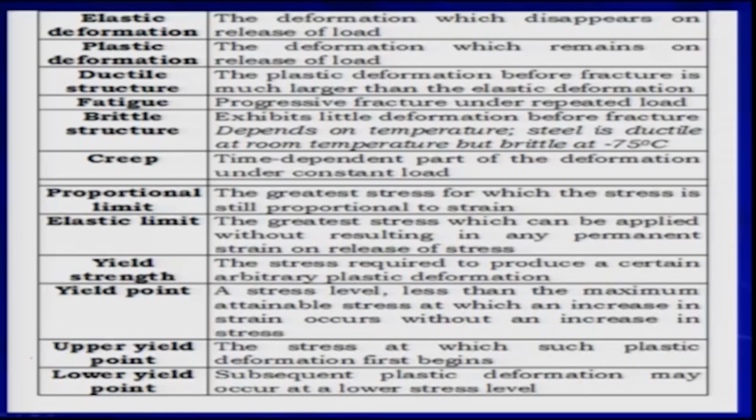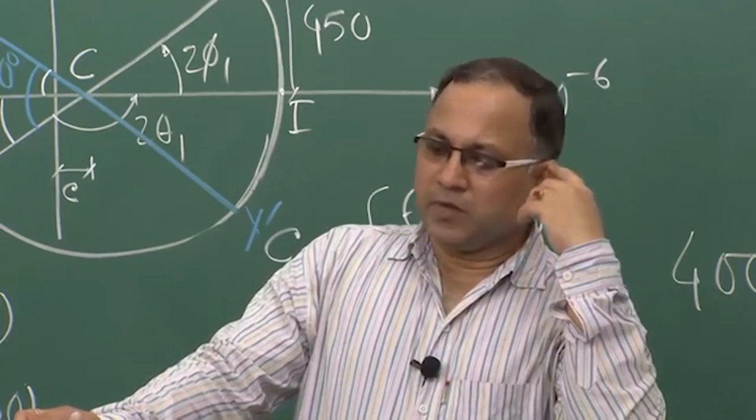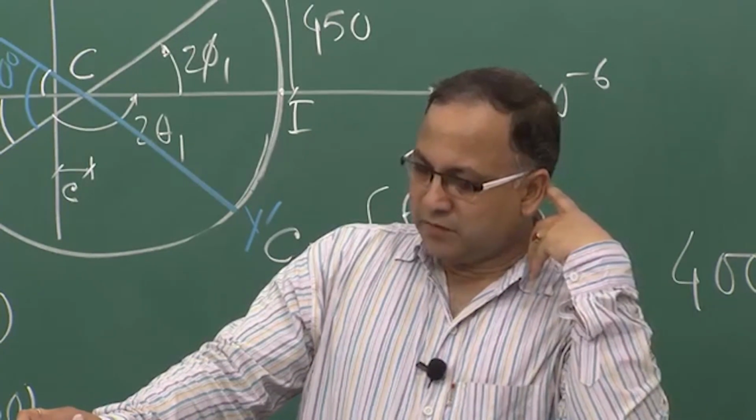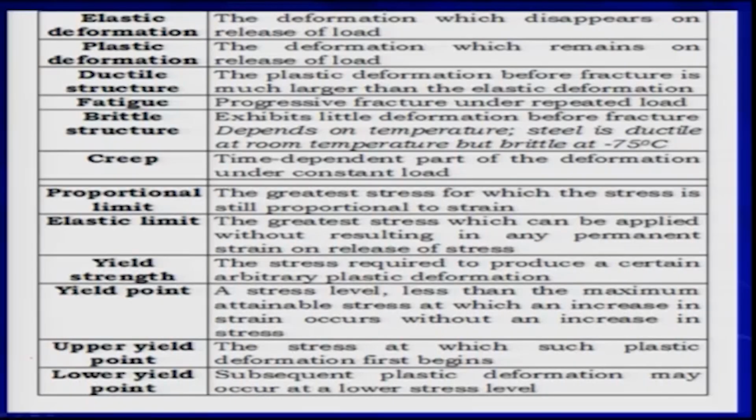Then ductile structure, what do you mean by that? The plastic deformation before fracture is much larger than the elastic deformation. Before fracture means you are getting the failure. So, before fracture whatever plastic deformation you get is much larger than the elastic deformation.